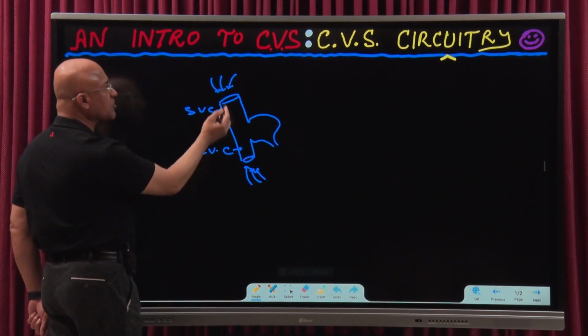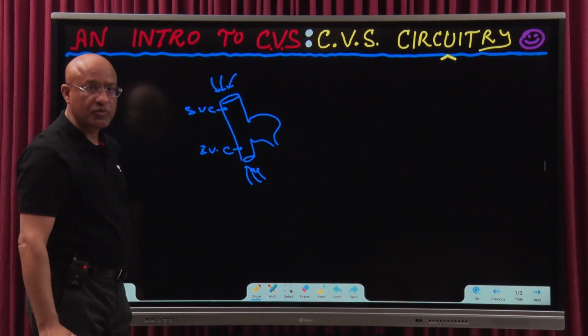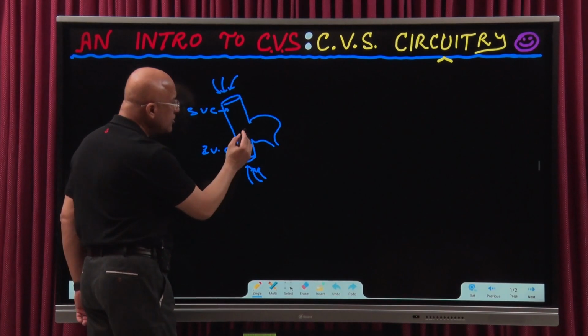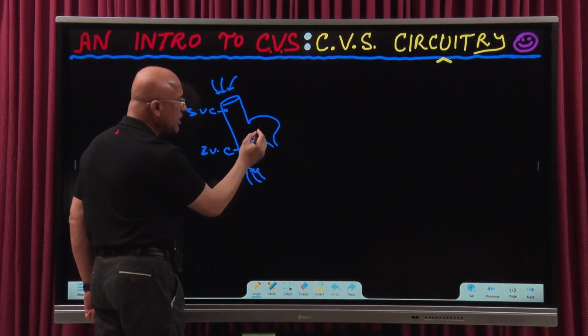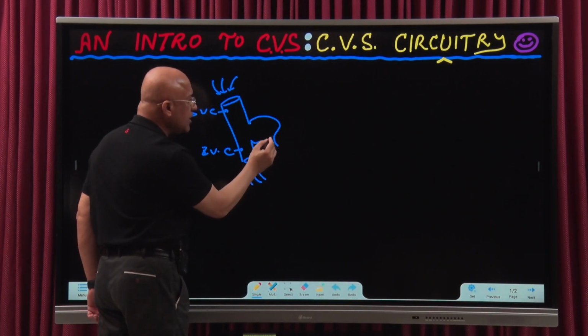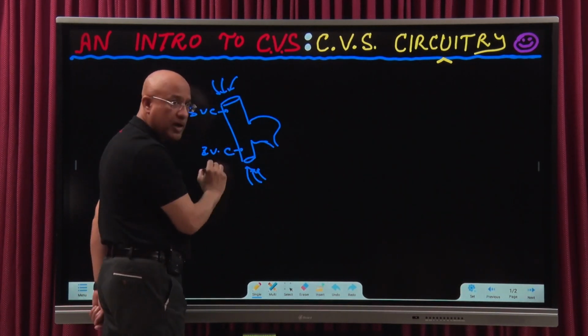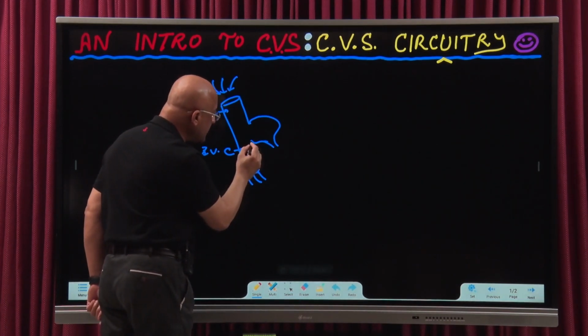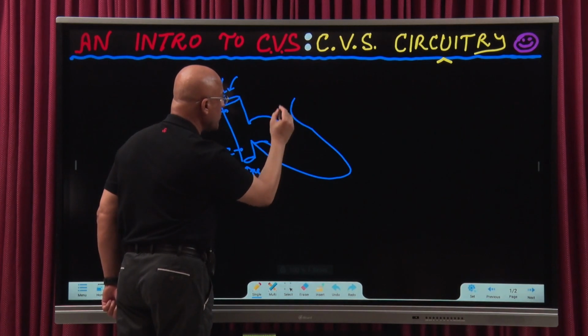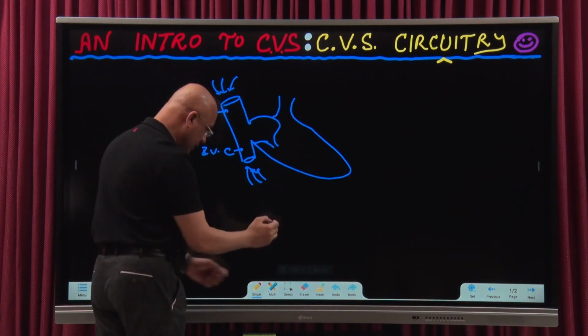And this blood is venous blood, mixed venous blood with low oxygen and high carbon dioxide. Now, this blood is going to the right atrium, and then there is a one-way valve. This is basically your tricuspid valve. Through the tricuspid valve, the next chamber is the right ventricle.